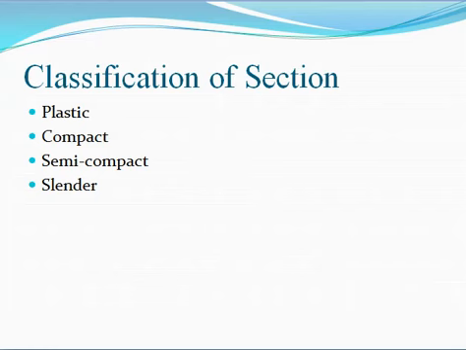Suppose the flange is classified under the class plastic, that is class 1, and the web is classified under the class of compact, then there is a big question: in which class do we have to classify the whole I section?